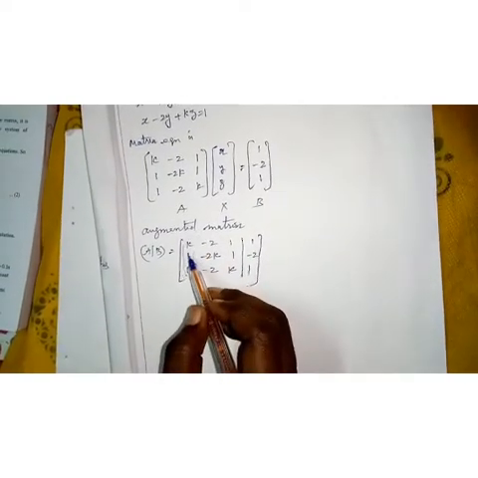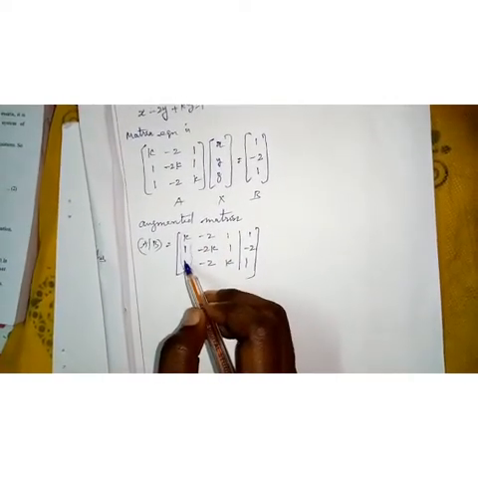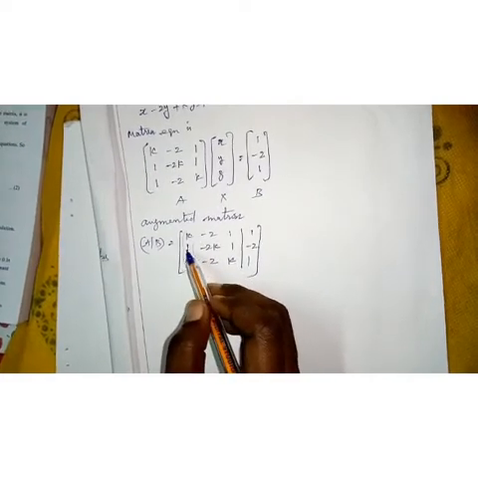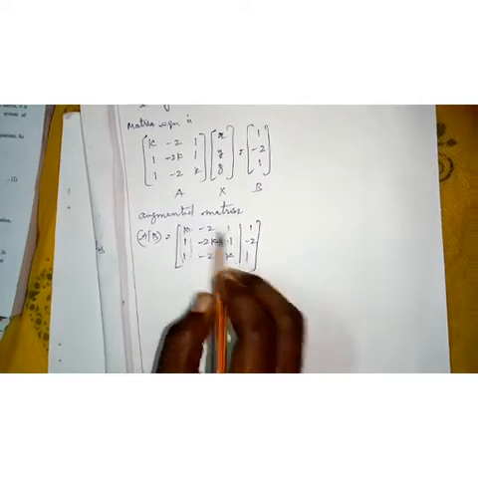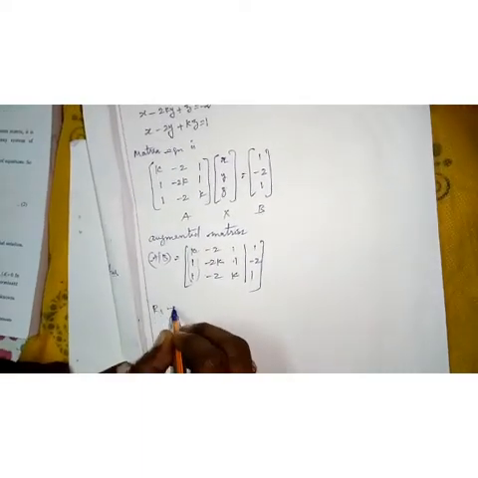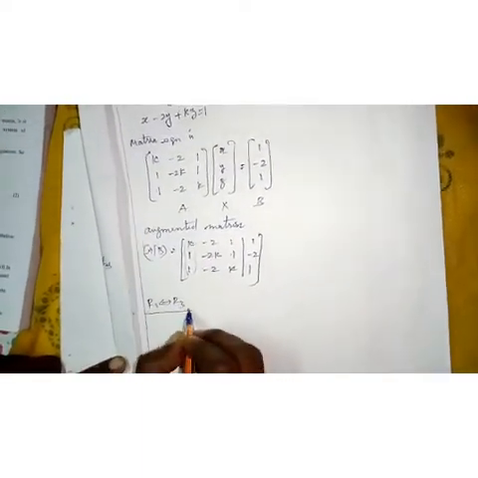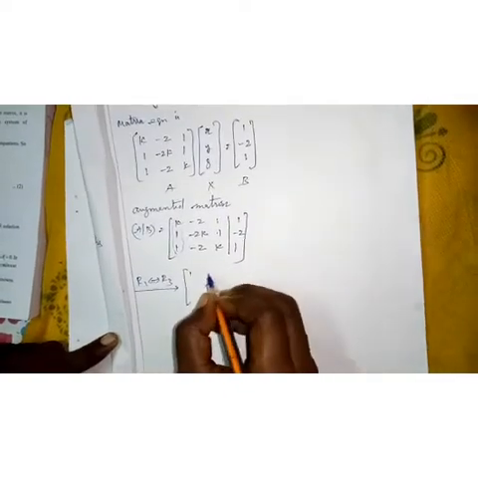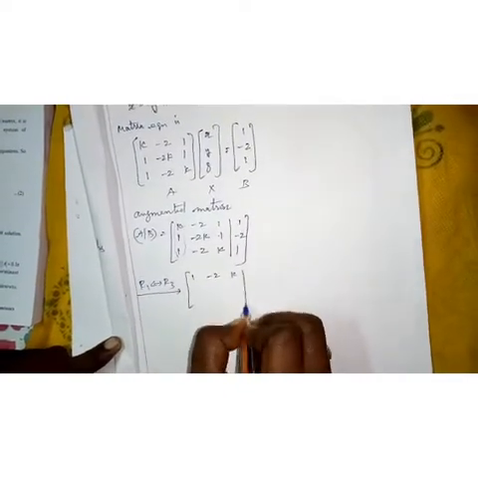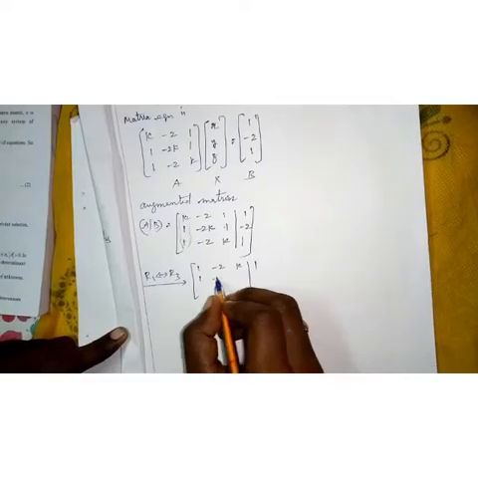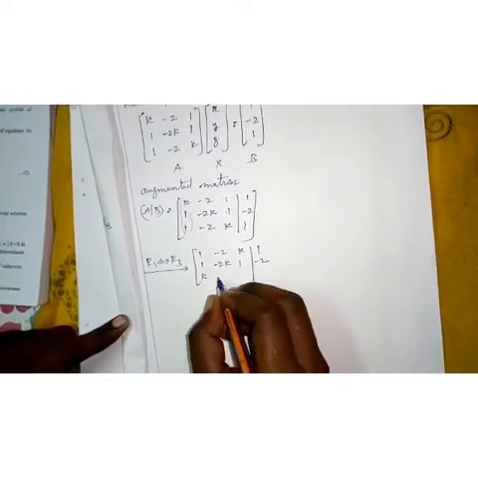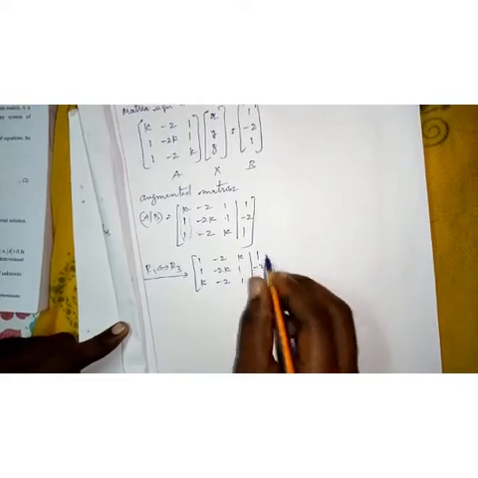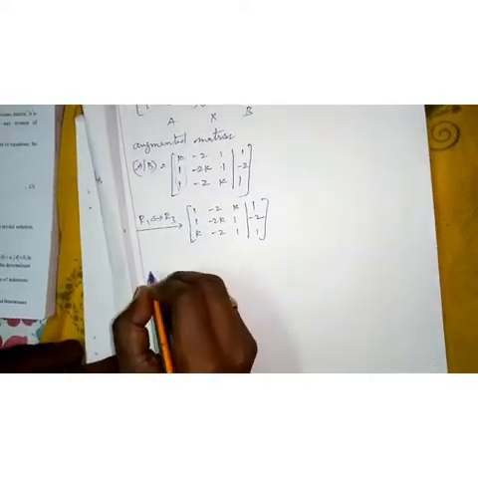Using k, we cannot convert these two elements to 0. So shall I write 1 here? You can use R1 interchange R2 here or R1 interchange R3 here. Now I'm going to interchange R1 and R3. That is 1, minus 2, k, 1. You need to change the third row: whatever is there in R1, write it in the R3 row. Finish. Then as usual, same model.